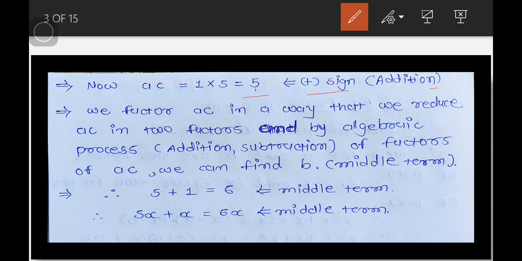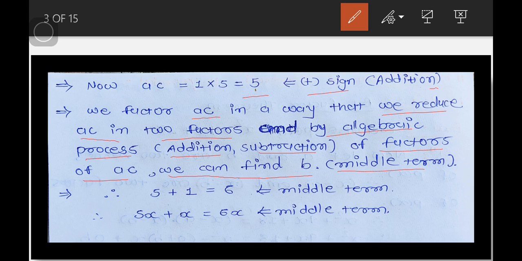Now how do we do it? We multiply a and c, and we get one value, and we factor ac in such a way that we reduce ac into two factors. We divide ac into only two factors, and by an algebraic process, that is addition or subtraction of the factors of ac, we can find b, that is the coefficient of the middle term.